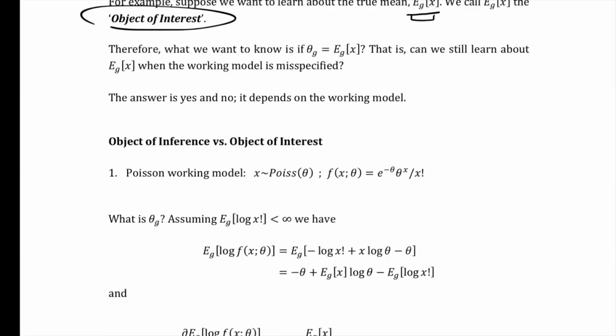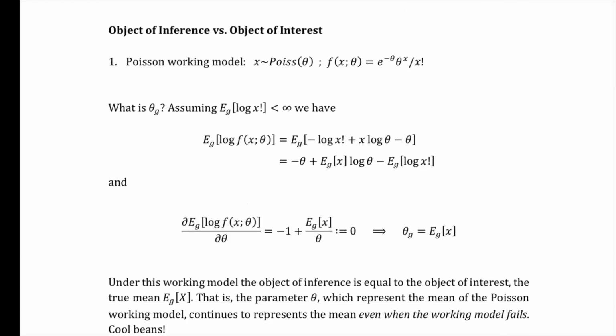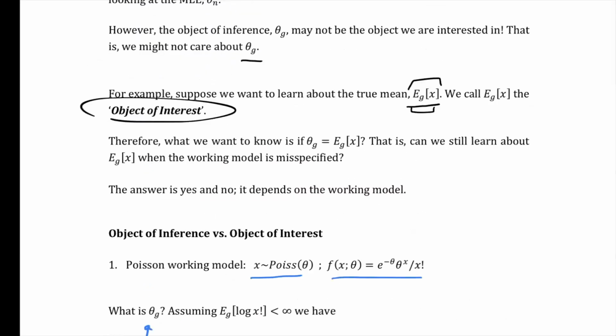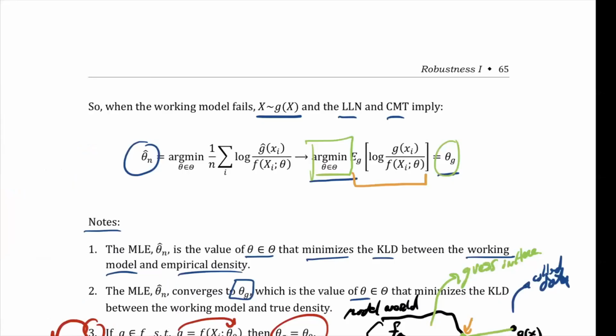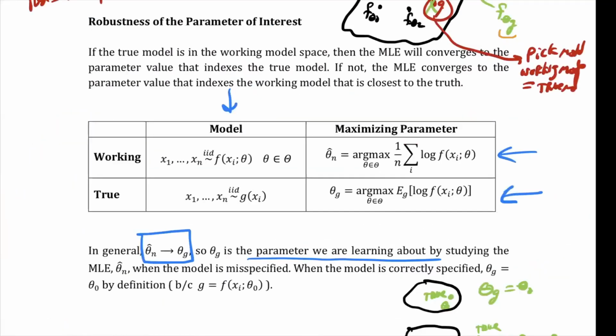So let's take a simple case. Here's a Poisson working model. The data are Poisson, the usual Poisson thing. What is theta G? Well, I don't know. Well, we can actually calculate it. It's not too hard to calculate. Let's look back here. Where's the definition? So here's the definition.